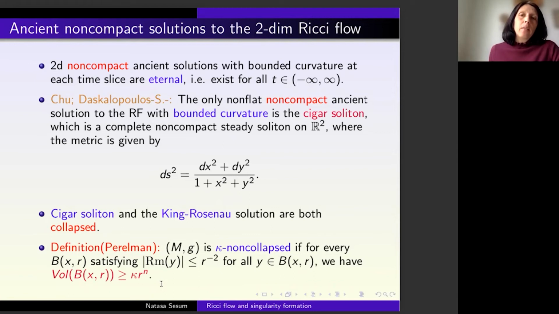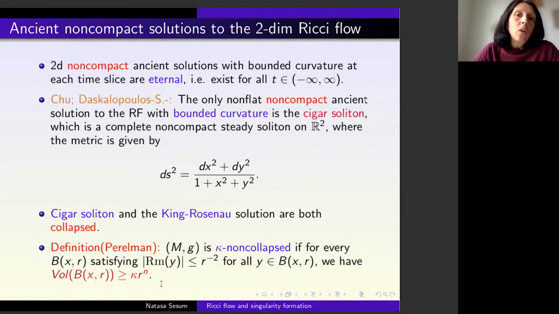It exists from negative infinity to plus infinity. And then there was a paper of Daskalopoulos and myself, and then another paper by Ben Chow's student, Chu. If you combine these two results, you can actually get that the only non-flat, non-compact ancient solutions to the Ricci flow, where you assume, again, the bounded curvature at each time slice, not uniformly in time, is the cigar soliton.